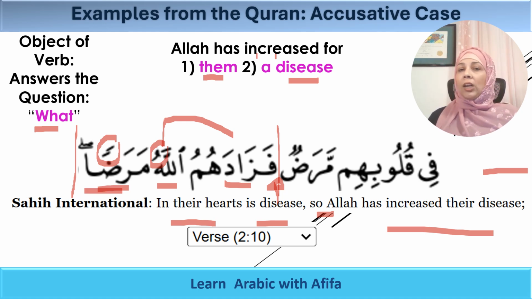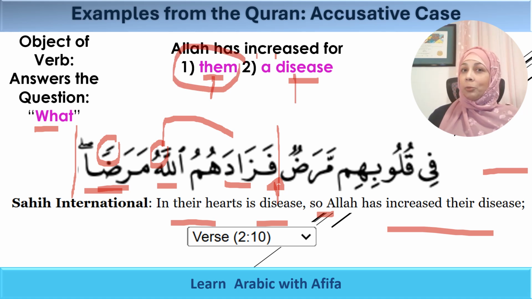So here is the challenging part, which is going to be addressed actually in a future lesson. But I just want you to get to know this idea now, which is Allah has increased for them a disease. So this "them" is also an object. And again, this will come in a future lesson when you see how the pronouns such as hum can be attached to the verb over here.